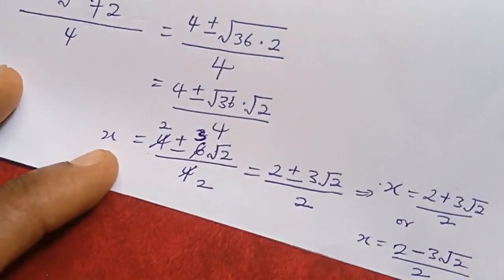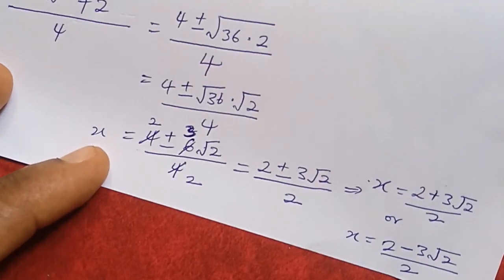These are the two possible values of x. So that concludes the solution of x.